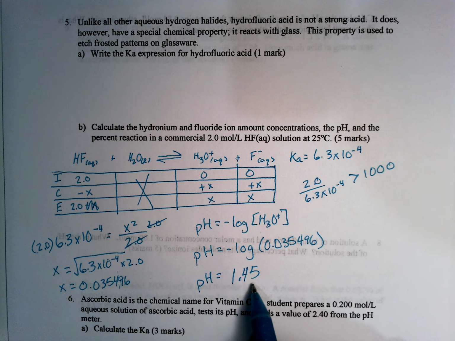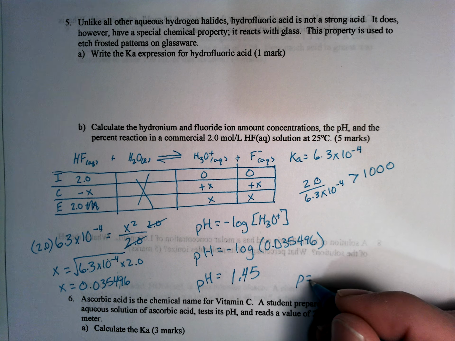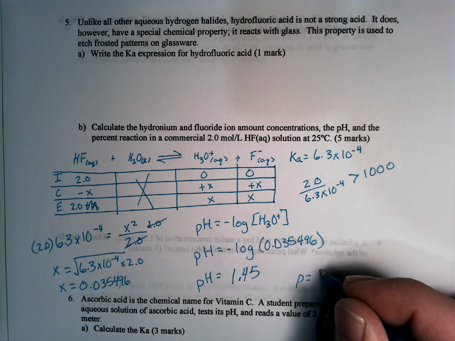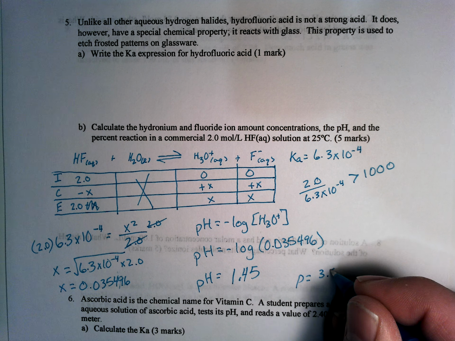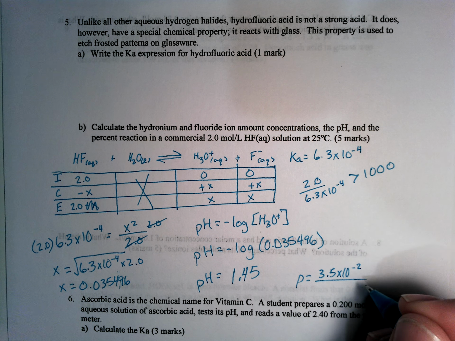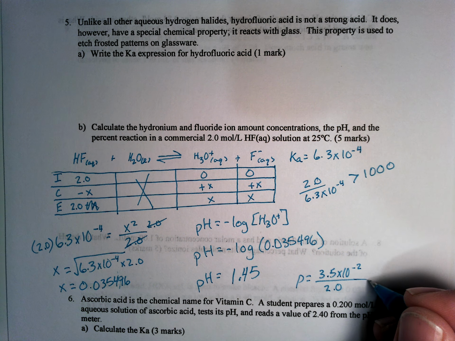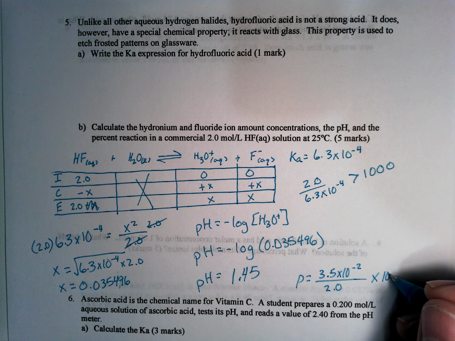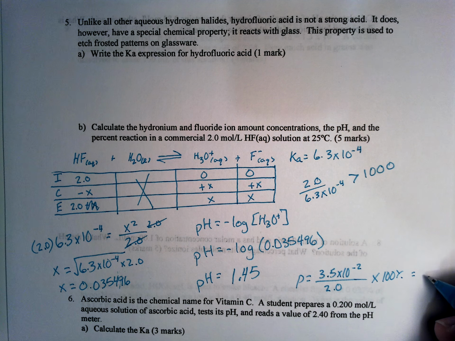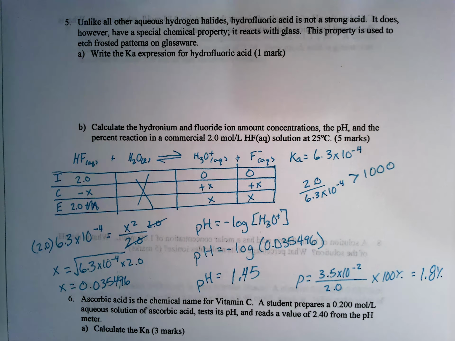Again, 2 digits means 2 decimal places for that. Now we also want percent ionization, so we have our concentration of hydronium over our initial concentration of our acid, and we get 1.8%. So that's how we solve for that one.